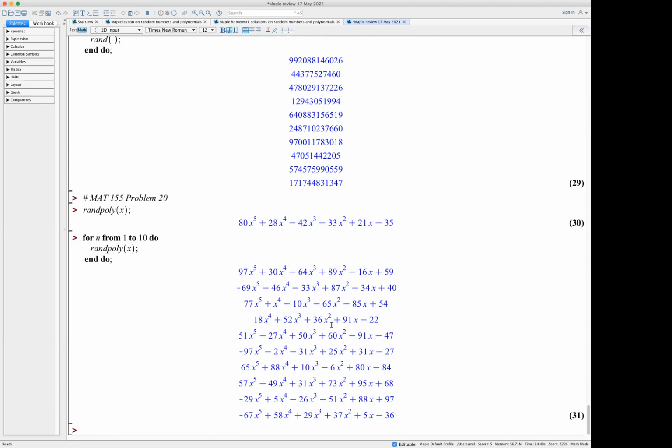And okay, so in problem 20, I want to generate a random polynomial and study it. So let's call it f. Actually, I'll call it a to start.